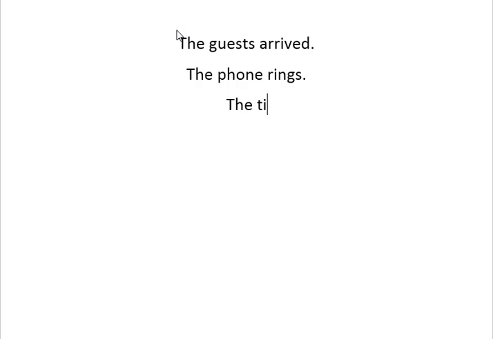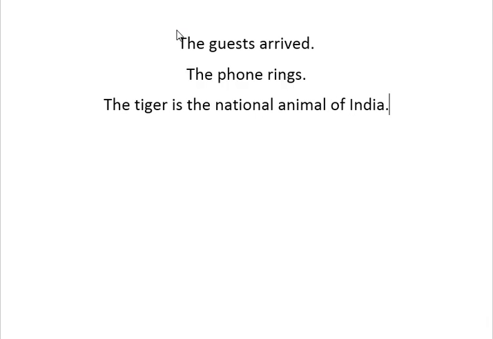Let us say I write a sentence: the guests arrived. Or I will write another sentence: the phone rings. Or another sentence: the tiger is the national animal of India, right? So in these three sentences you can see that arrived is a verb, rings is another verb, and is is another verb. You may see here that in the first sentence there is no object after the verb.